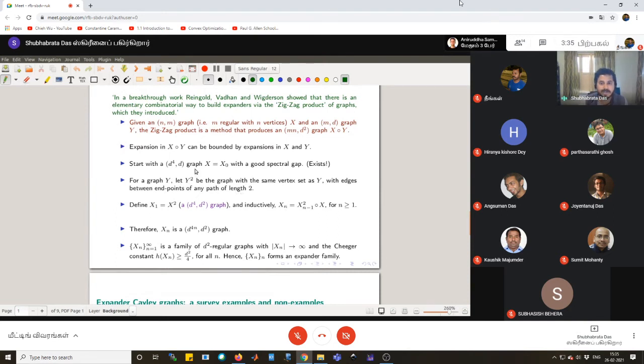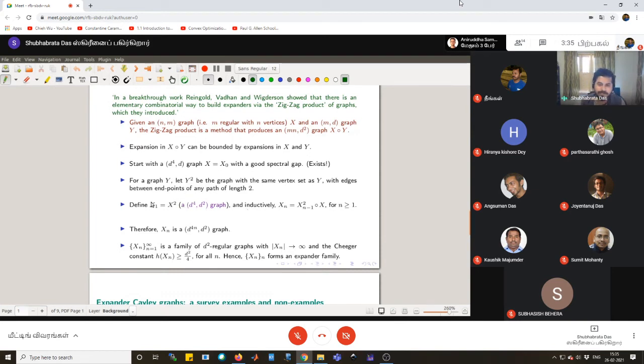So if we start with a graph of this size and degree, we get a graph with the same size vertex set and squared degree. That's the first step.